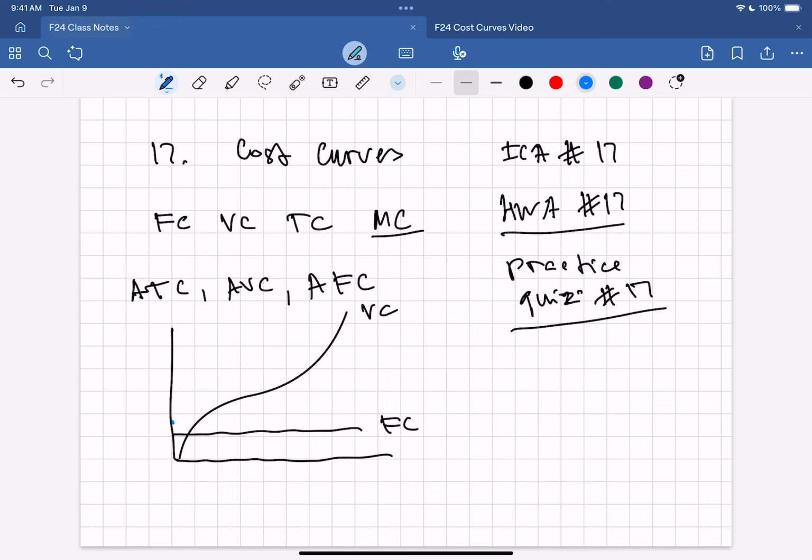And then a curve that would be pretty much the same thing, only shifted up by the amount of fixed cost will be total cost curve. All right, and then you need to also understand how we can see those ATC, AVC, and AFC on this graph.